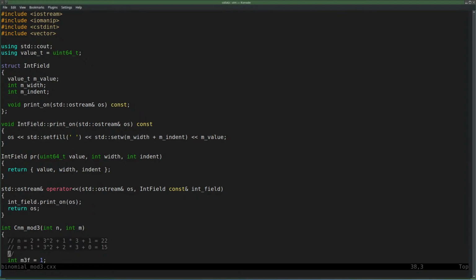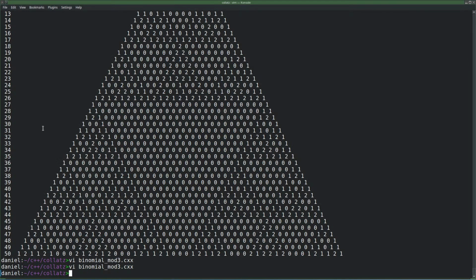And M is 15. 22, 15, well, I think the first one is 0, so that is 0, 1, 2, 3, 4, 5, 6, 7, 8, 9, 10, 11, 12, 13, 14, 15.